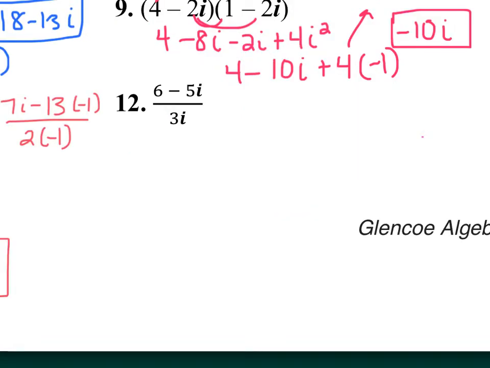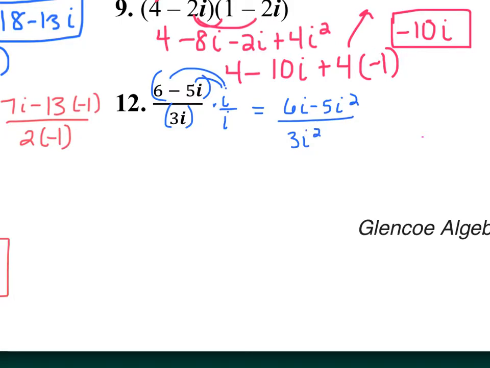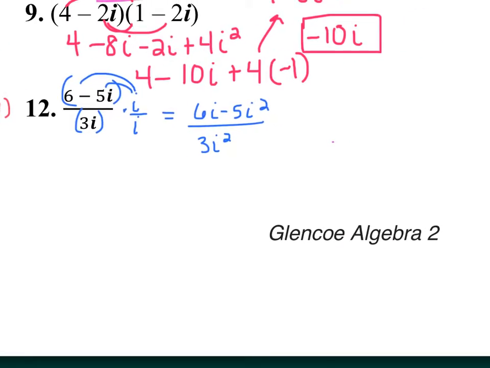And the last one is just like number 11. All we need to do is get rid of the i, so we're just going to multiply by i over i. We don't need to worry about the 3. Distribute through the top, so it'll be 6i minus 5i squared over 3i squared. So in the numerator, it becomes 6i minus 5 times negative 1, because negative 1 is i squared, over 3 times i squared.